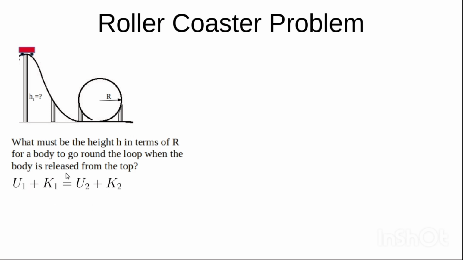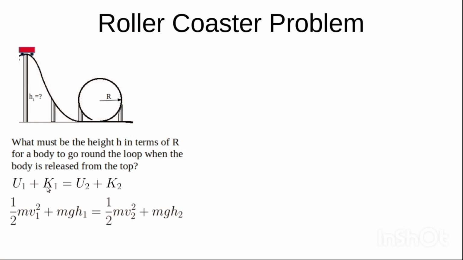So the kinetic energy is half of mv squared, plus the potential energy, at both points. But we'll notice that at this height, it is stationary before it is released.